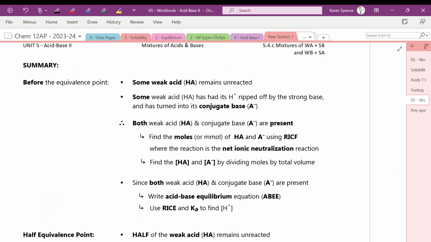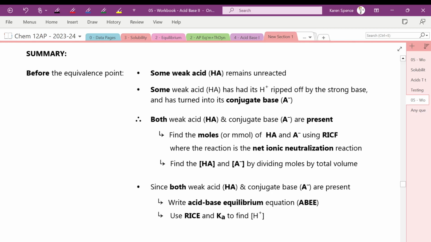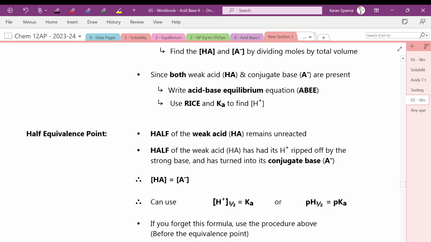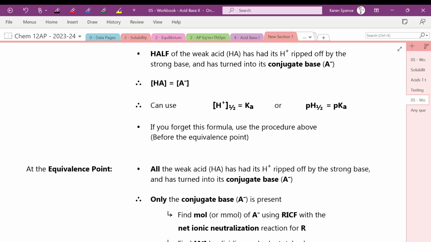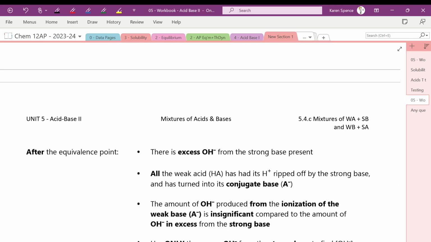Summary. Can I get you to read the summary on your own time? There's before the equivalence point, which could be either before or after the half equivalence point. There's the half equivalence point, then there's the equivalence point, and then there is after the equivalence point.